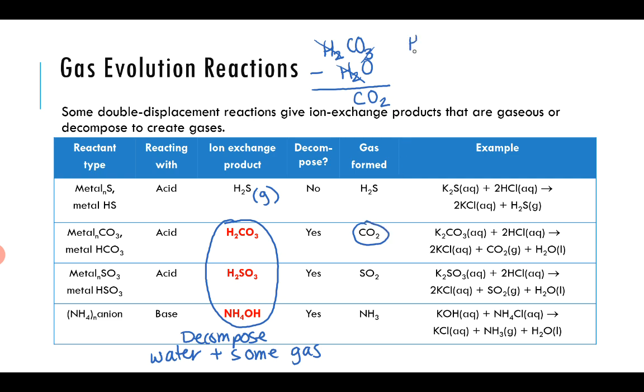Next up, I have H2SO3. Let me subtract water. Subtract 2 hydrogens away. No hydrogens left. Sulfur cancels out. We have 3 oxygens minus 1 oxygen. That's 2 oxygens.